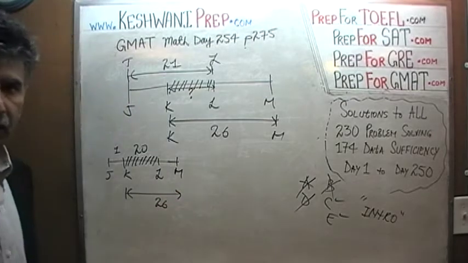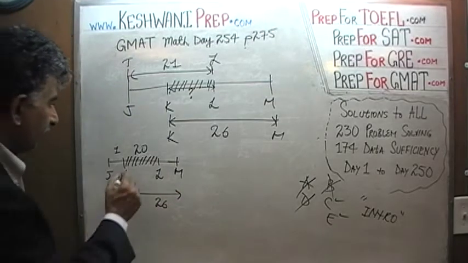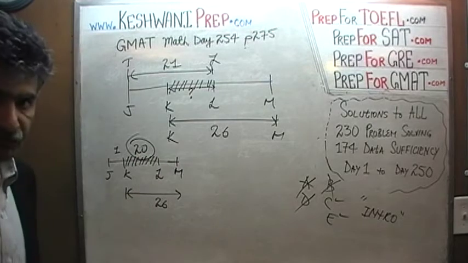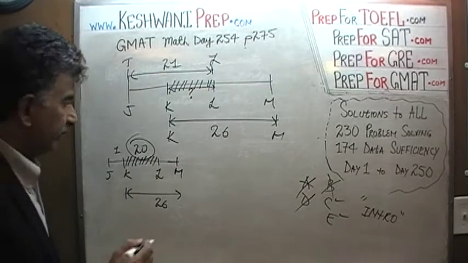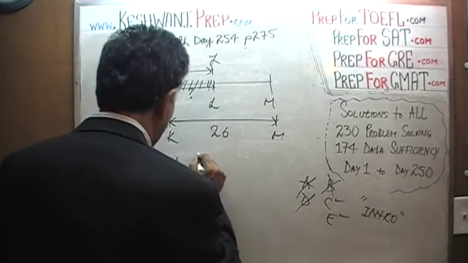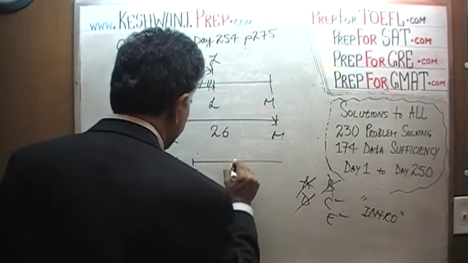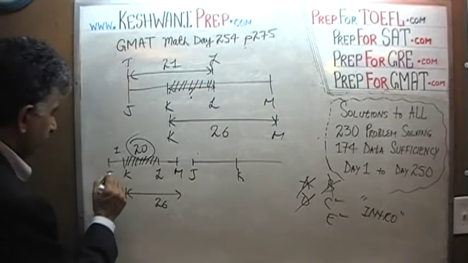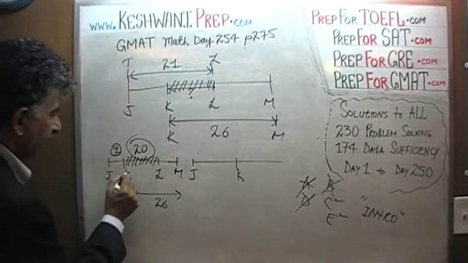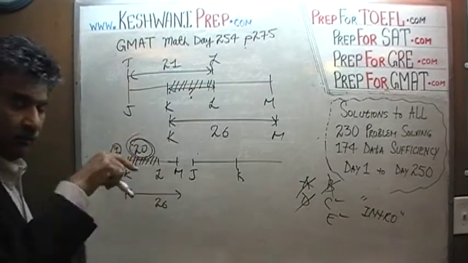Another possibility is that instead of sharing such a large distance of 20 miles of overlap, maybe the overlap is only 1 mile. So here's our J, here's our K. Instead of J to K being 1 mile and K to L being 20 miles, now we look at the reverse.